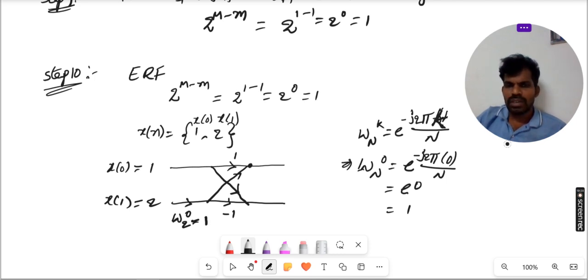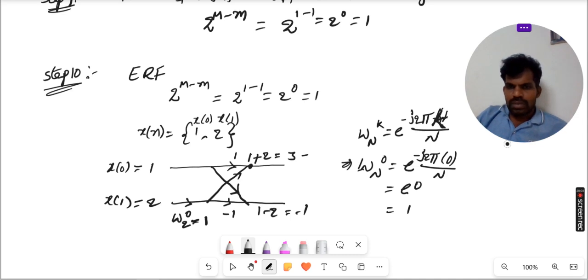Now let us calculate the value at this point. From this direction we get 1 into 1, which is 1, and from this line 2 ones are 2, so 1 plus 2 is equal to 3. And here, from this direction we get 1, and through this path 2 ones are 2, 2 into minus 1 is minus 2, so 1 minus 2 is equal to minus 1.